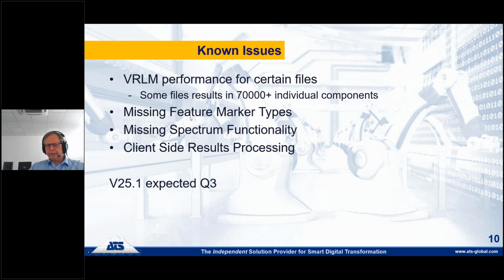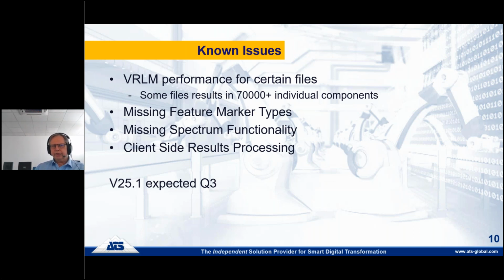We will add the missing feature types. And another thing that is missing is the spectrum functionality. One big thing we know already from 24 is that the processing for the results database is done client side.